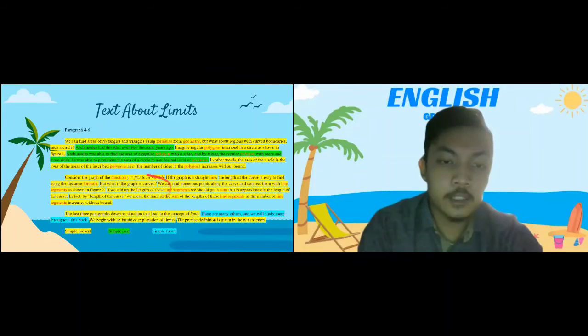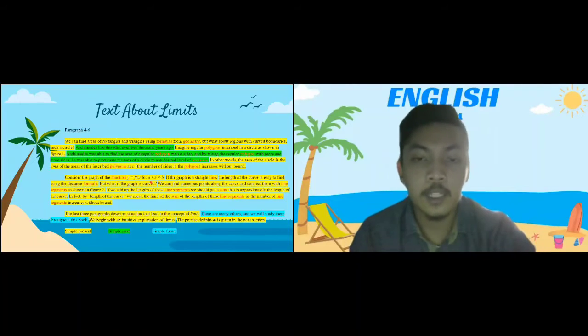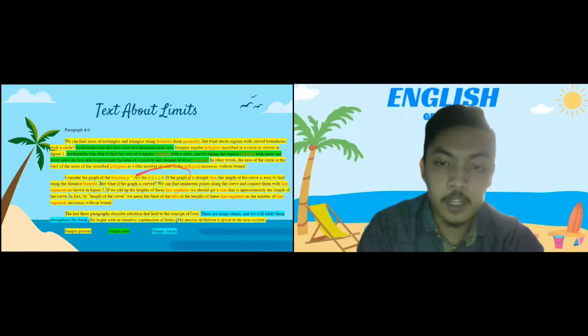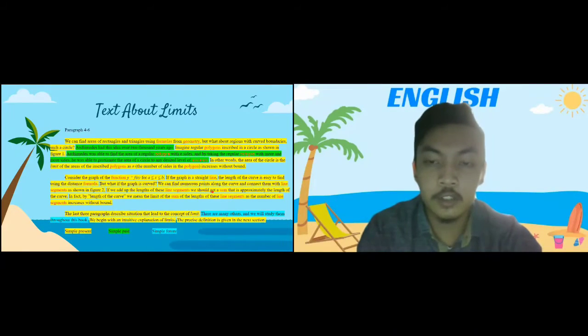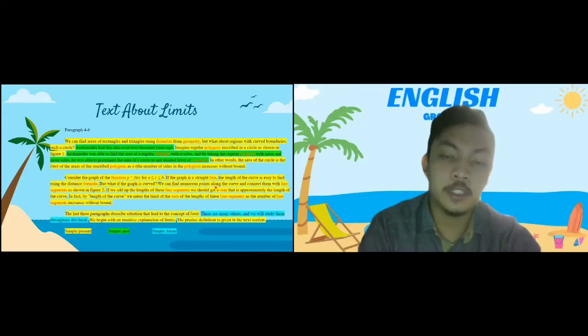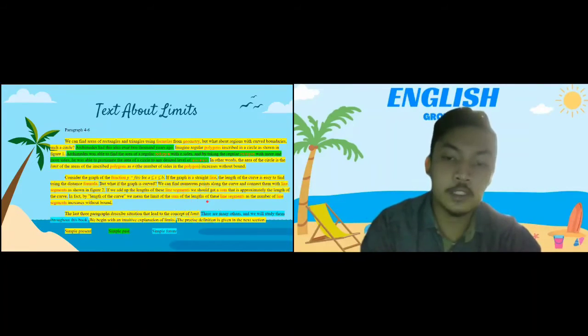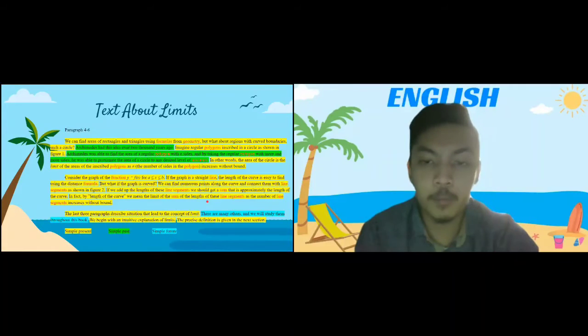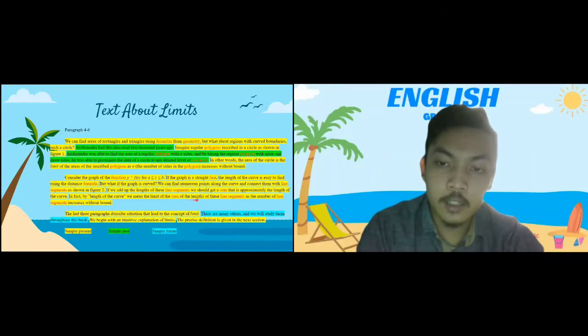I think all of the sentences in the fifth paragraph are simple present tense, but in this paragraph, we can see there are several conditional sentences, especially type 0. Type 0 is a conditional sentence that has a probability of 100%, in other words, it actually happens.